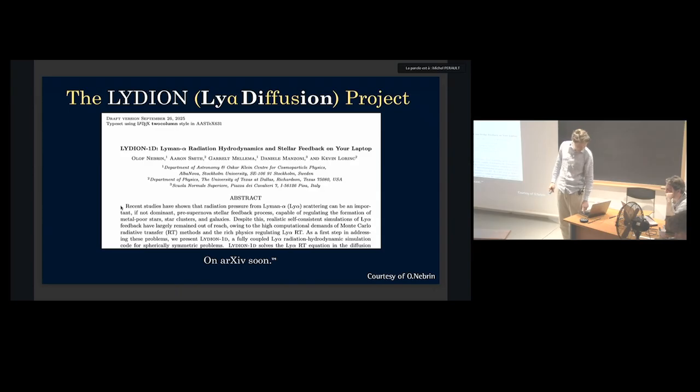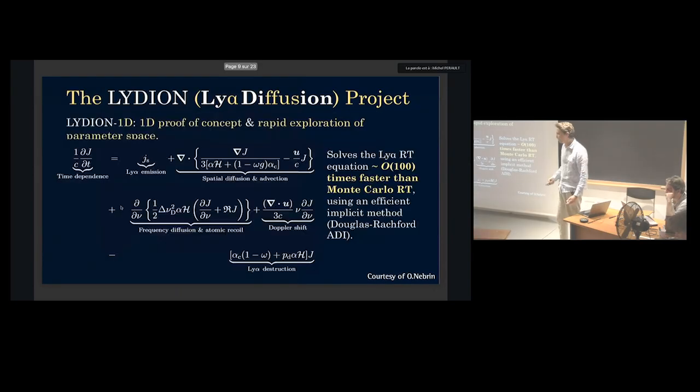Of course, we start from the 1D case, and this is the Lyman-alpha radiative transfer equation under the diffusion approximation. It's quite involved. I'm not going through all these terms, but basically, once you discretize it, you have to solve a tridiagonal matrix problem, both in space and frequency, and this can be done quite efficiently with the ADI methods.